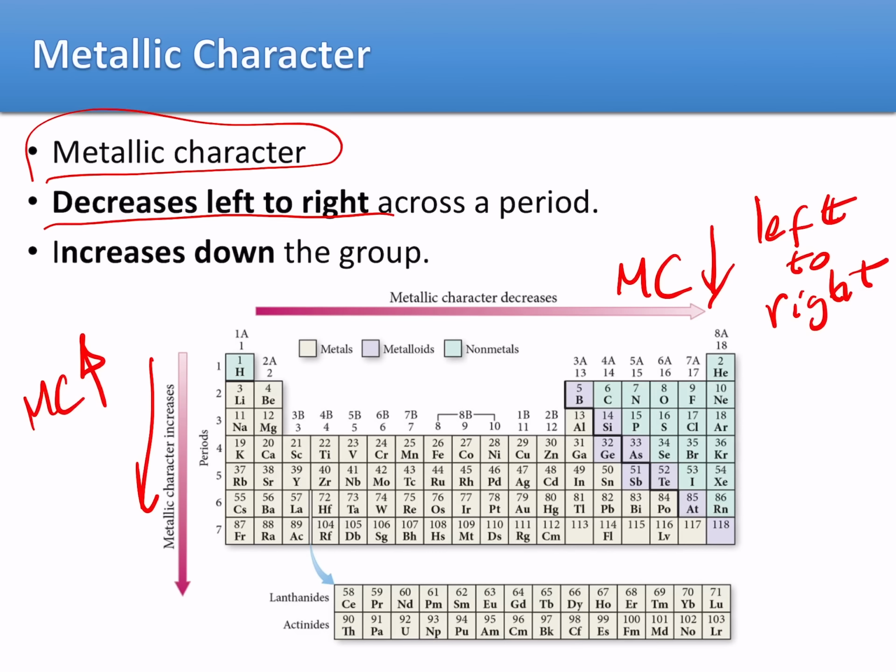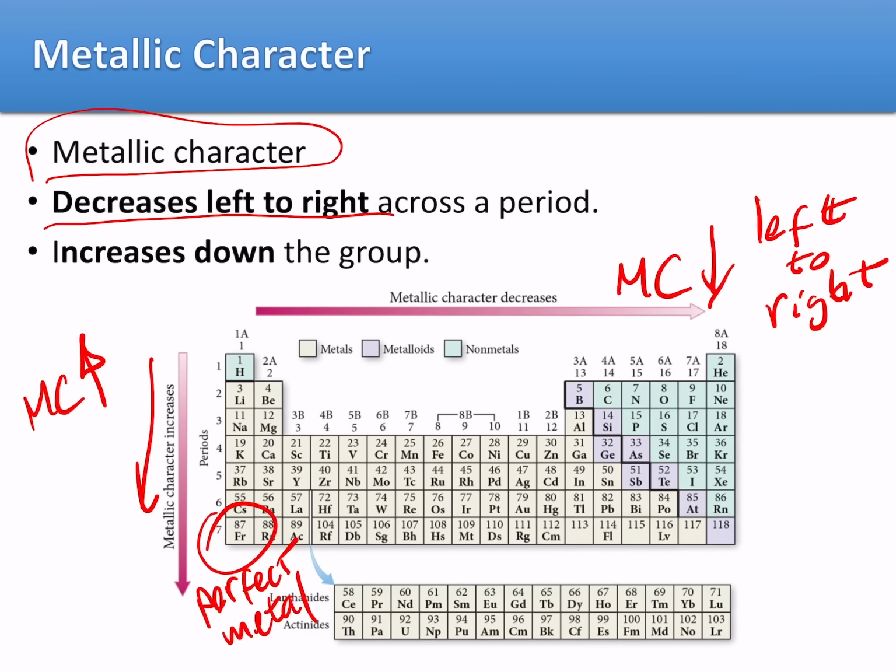So pretty much, if you look here at francium, that is going to be your perfect metal. If the metallic character is decreasing left to right, it's increasing in the other direction, right? So that corner right there with the francium would be your perfect metal.